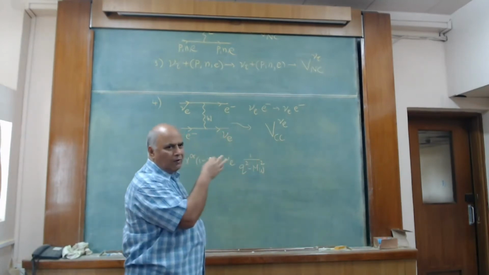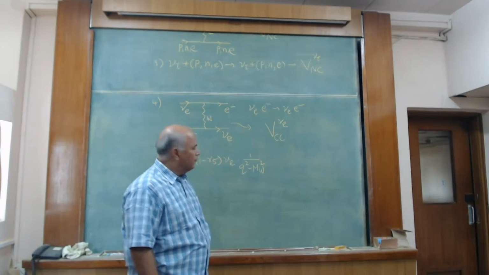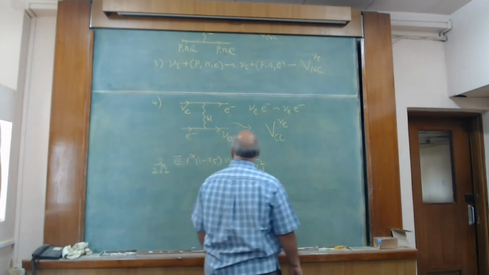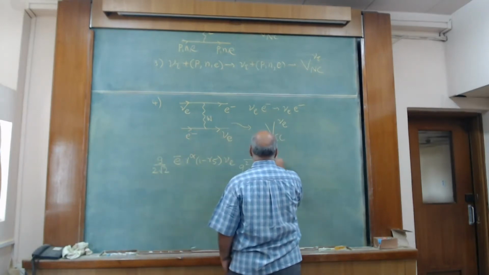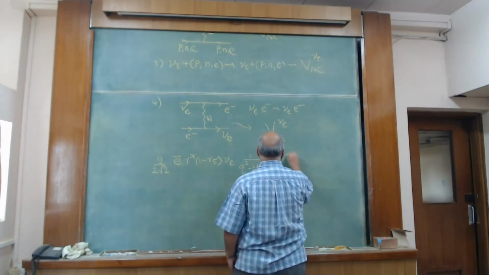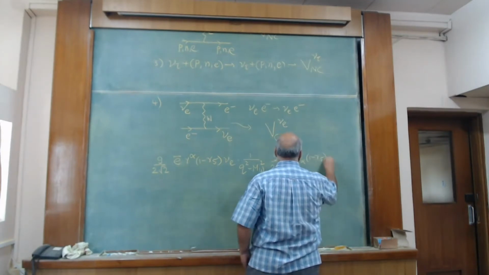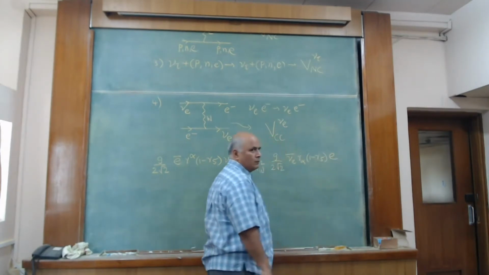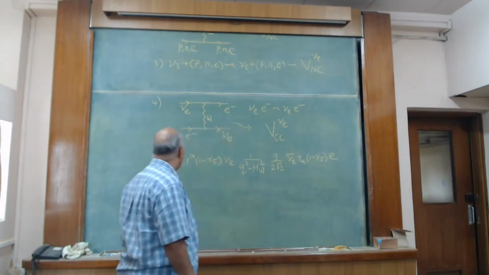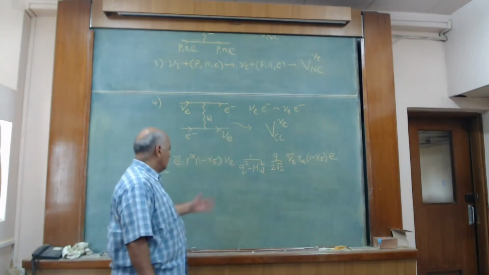The G alpha beta I am neglecting here, times G by 2 root 2 mu e bar gamma alpha (1 minus gamma 5) e.